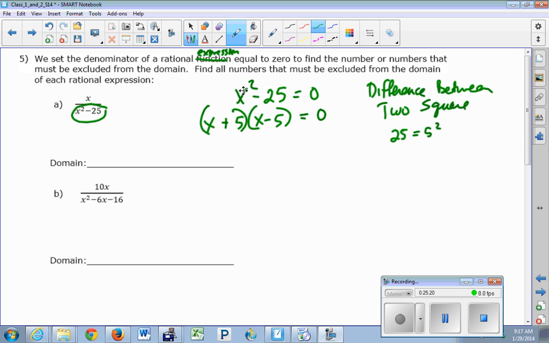And now you say, for this multiplication problem to equal 0, I have to find out when x plus 5 would equal 0, and I have to find out when x minus 5 would equal 0. So x plus 5 equals 0 when x equals negative 5. And x minus 5 equals 0 when x equals positive 5.